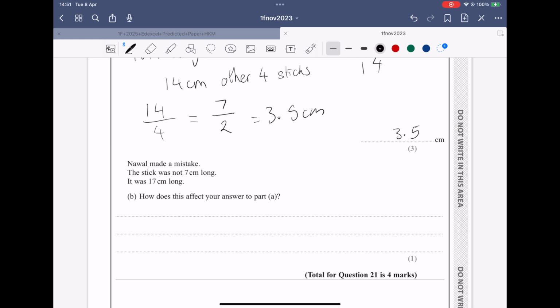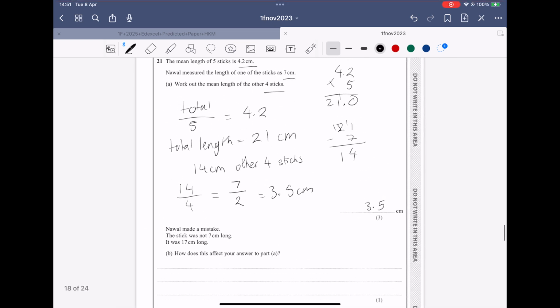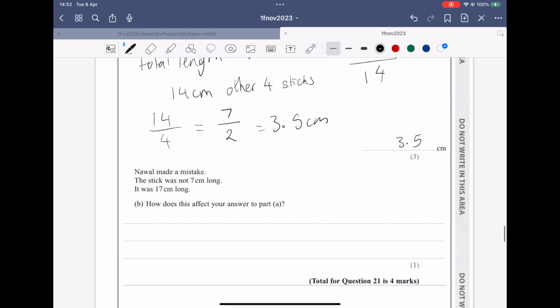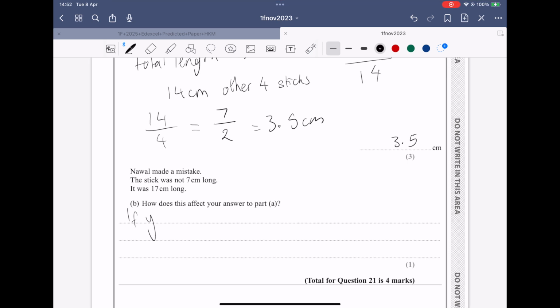Well, if we removed that 17 centimetres from the total length, the average of the 4 sticks would get smaller. Because if you remove 17 centimetres from 21 centimetres, you get 4 centimetres, alright?